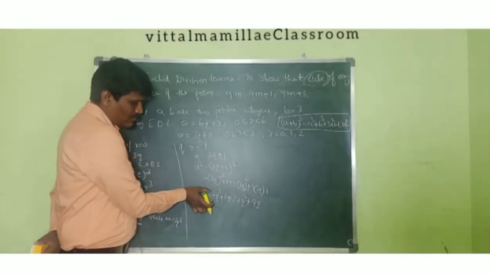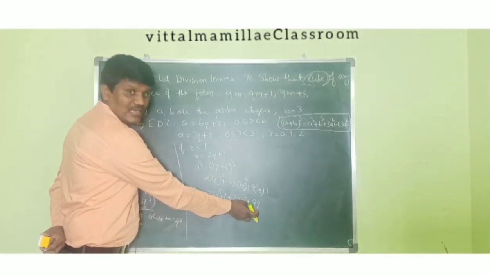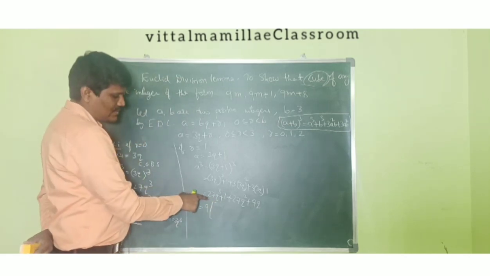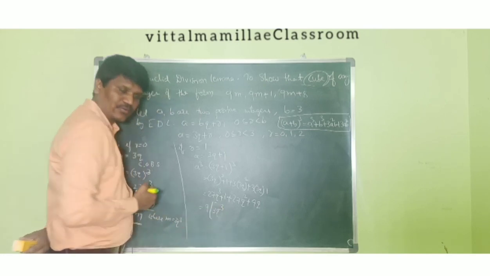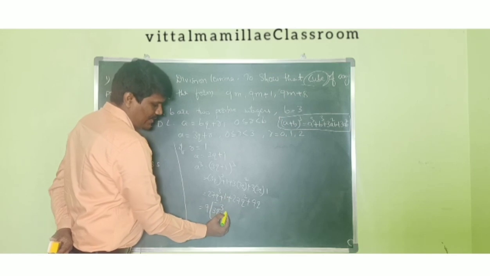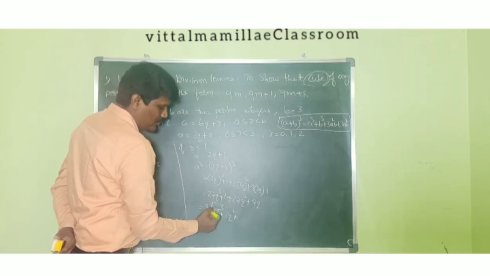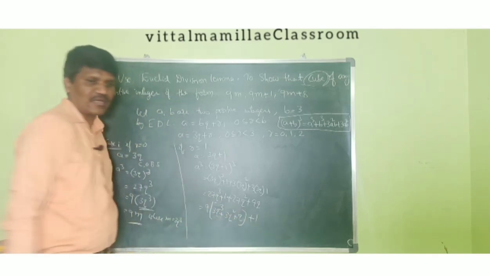If you observe this, from this I can take 9 common, from here also 9 common, from here also 9 common. If I take 9 common, what remains here? Out of 27, it will be 3q cube plus, from 27q square I will take 9 common, so it is 3q square, plus 9q with 9 common means it is only q, plus 1 is separate.